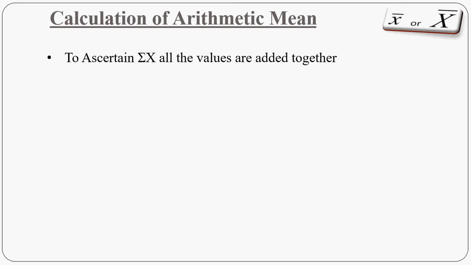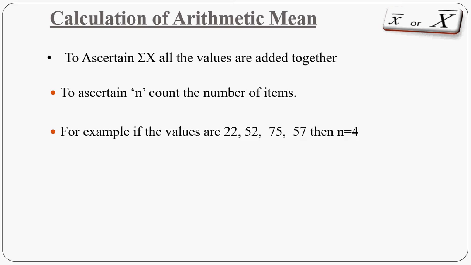So this is the first step. The second one, we have to ascertain what is n. N is nothing but count the number of items in the given series. So how many numbers are given? We need to count. For example, if the values are 22, 52, 75, 57, how many numbers are there? 4. So this is what we call n.